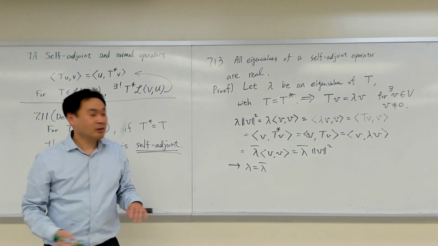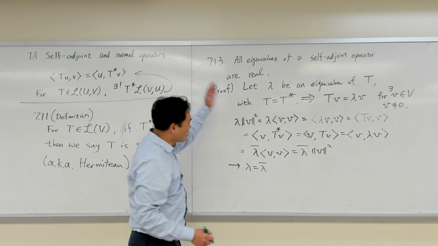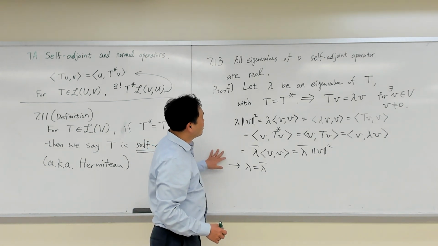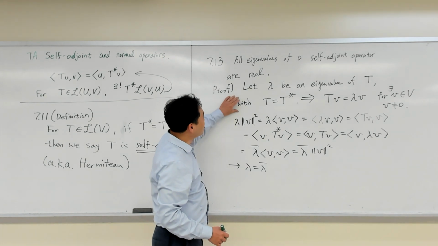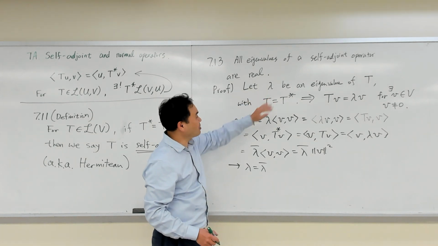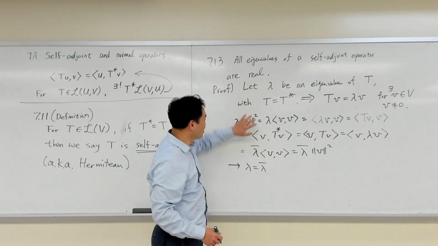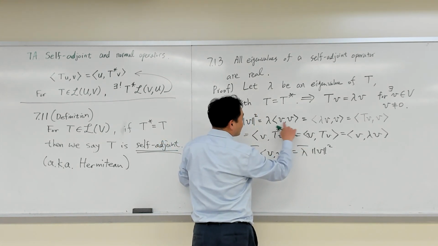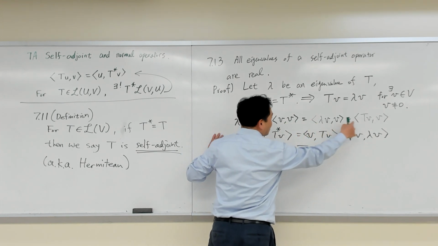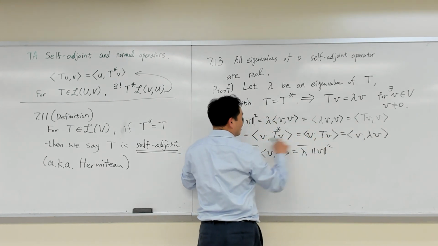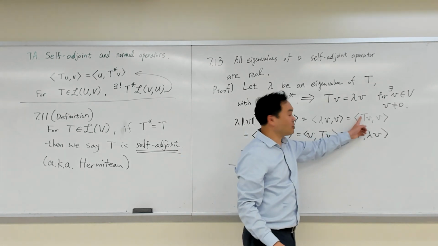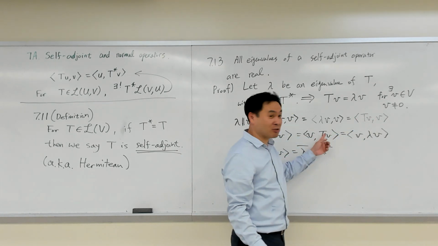Okay. I wrote rather a detailed proof. You really don't need to write this. You can say let lambda be an eigenvalue of T. Then you can even delete this and just start from here. Start from here, and this equal to this equal to this, and then you can just skip over this and write this, because self-adjoint means that you can go to the other side without having a star.